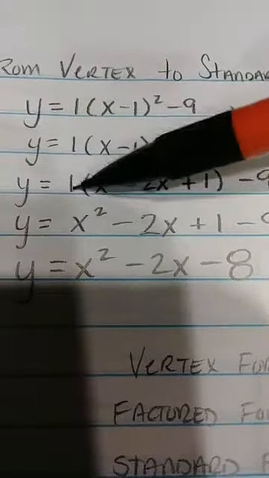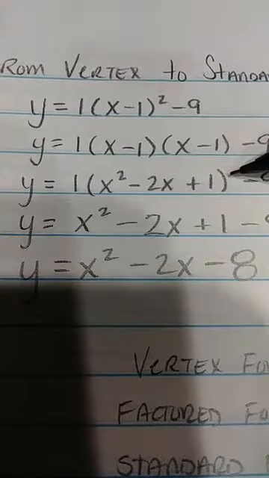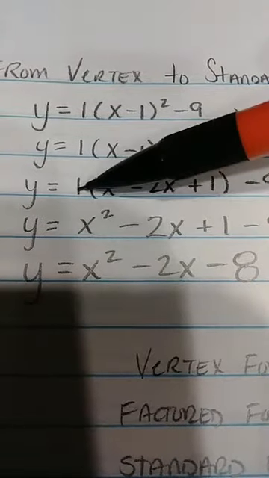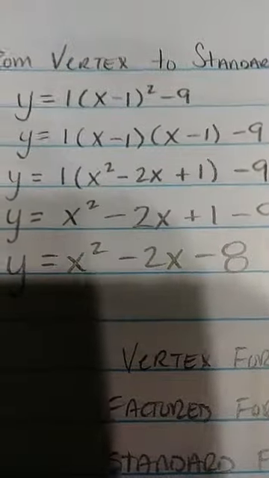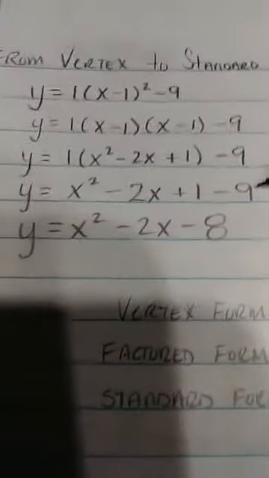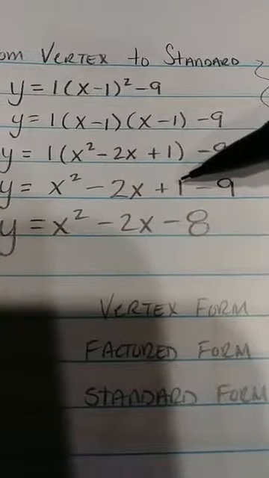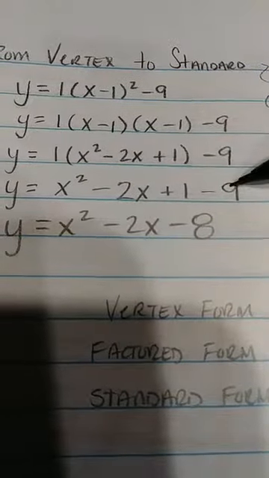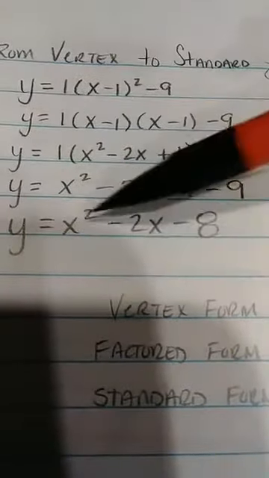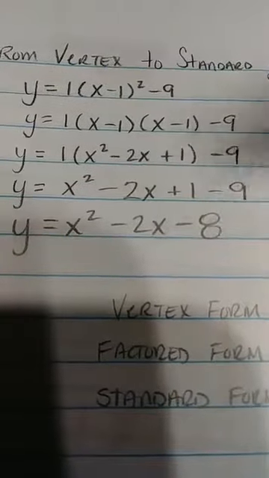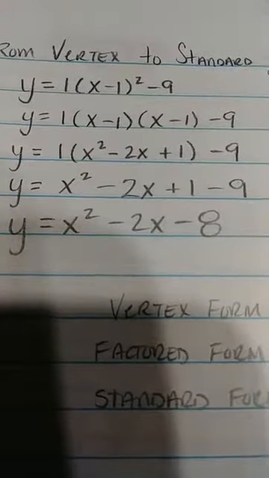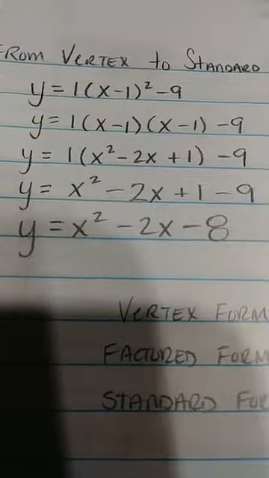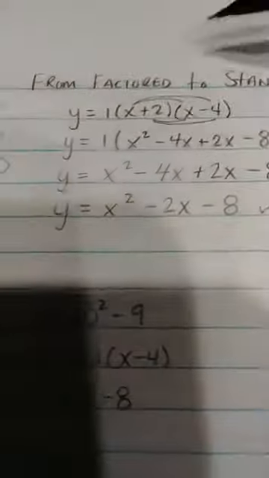Now you could multiply by 1, but it doesn't change anything, so it really just disappears. Bring down negative 9, and that's 1 minus 9, because they're like terms. These are the only two that can come together. So that's x squared minus 2x minus 8. And I went from vertex to what? Standard form. Very simple.